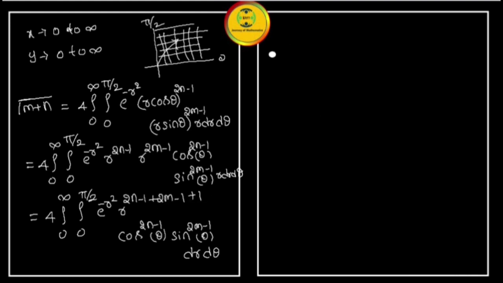So this one is equal to 4 into integral 0 to infinity, integral 0 to pi by 2, e power minus r square.